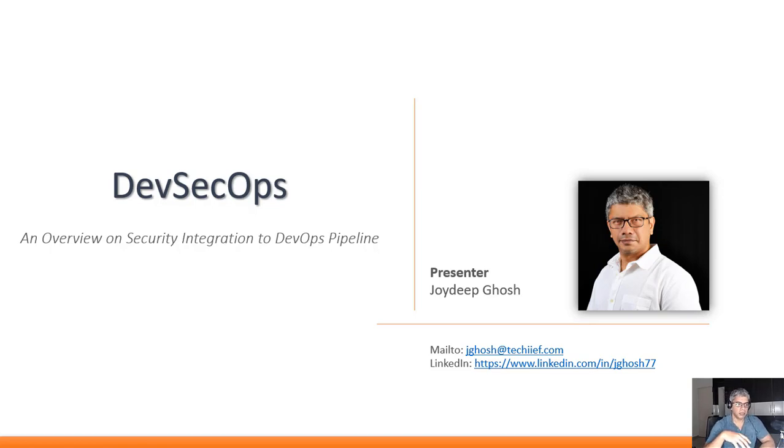That means we are going to use some security tools, create some proofs of concept, and use them in the DevOps pipeline and see how that works out. So this is going to be a series of sessions, and we'll try to cover each session with multiple implementations. All right, so let's get started.